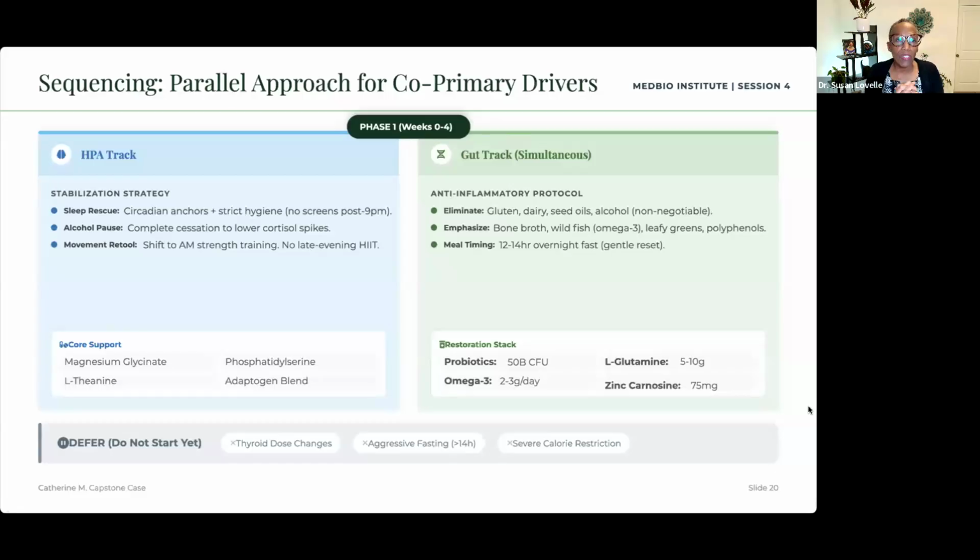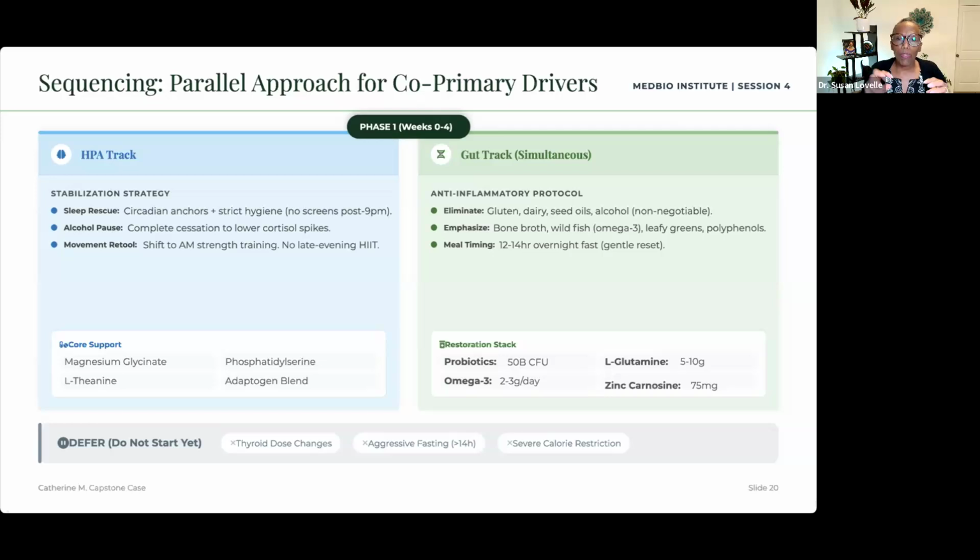And so how are we actually going to start sequencing all of these? With the HPA track. And remember, because they're co-drivers, and this is where we were saying integrating, it would be lovely if we could just pick one thing and do one thing at a time. But unfortunately, first of all, she doesn't have the patience or the time.